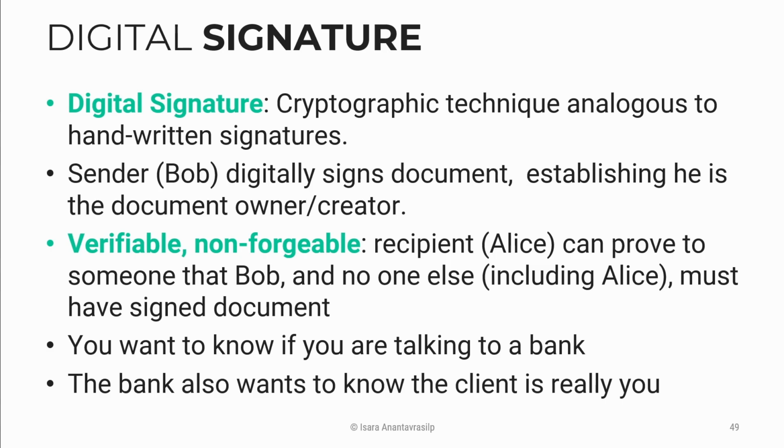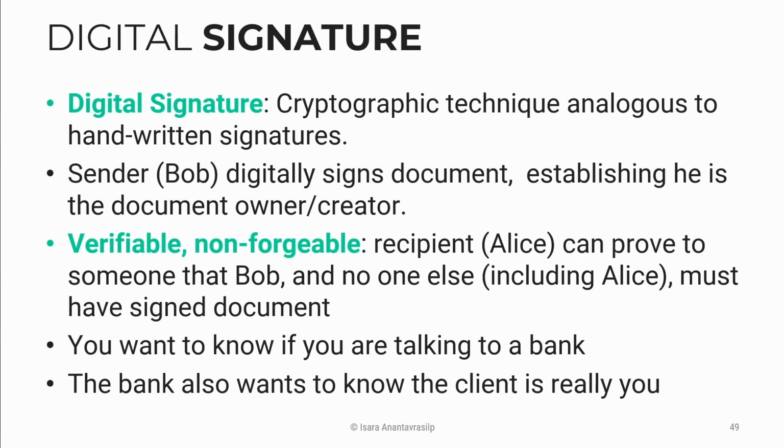Also, when you go to a bank and you want to do a transaction, the bank also wants to prove that you are the one who is going to execute any transactions.